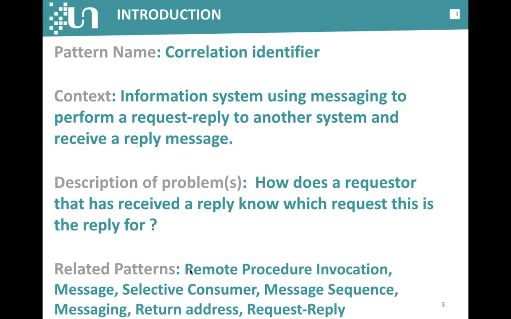Correlation identifier can be used in combination with other patterns in the messaging subgroup, and it's used most often with the request-reply pattern. How does a requester that received a reply know which request this is for?